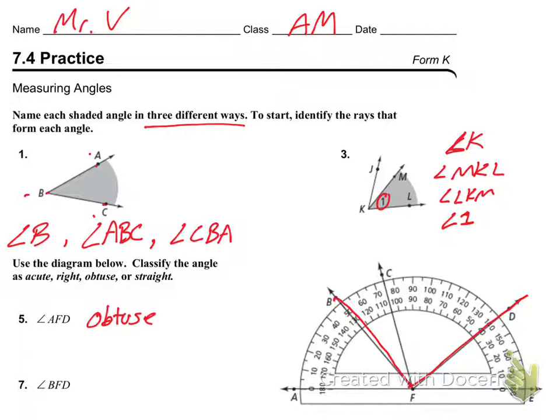So if I look at it kind of like from the side, I know that if I start here and go this way, it would be 130 minus 50, which would be 80. Oh, I'm sorry, not 50, it'd be 40, sorry. 130 minus 40, and that will give you 90 degrees, so that would be a right angle.